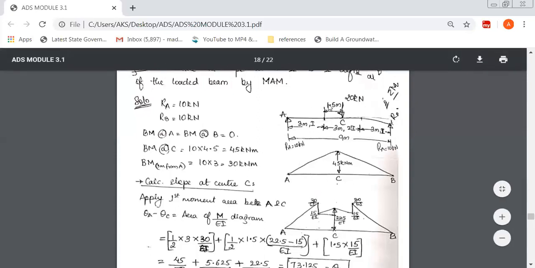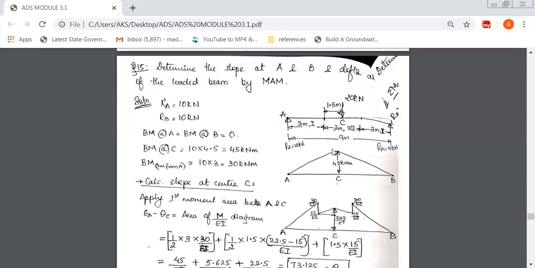At exactly 3 meter, there are two quantities. To the left of this 3 meter, it is 30 over EI. To the right of this 3 meter, it is 15 over EI. That is because of the difference in EI value: one is I, the other is 2I. So that's how I've written 15 over EI.